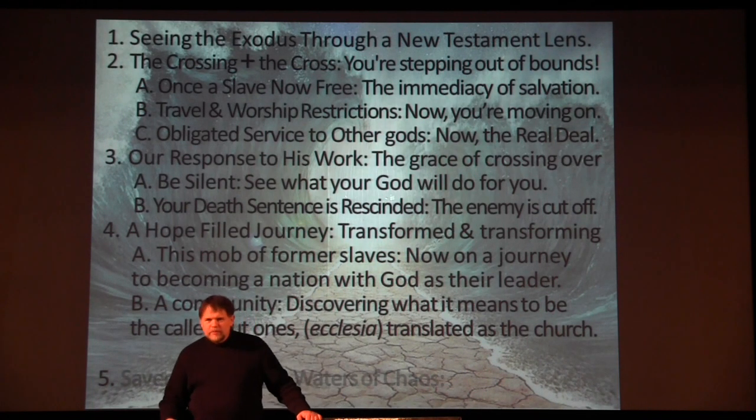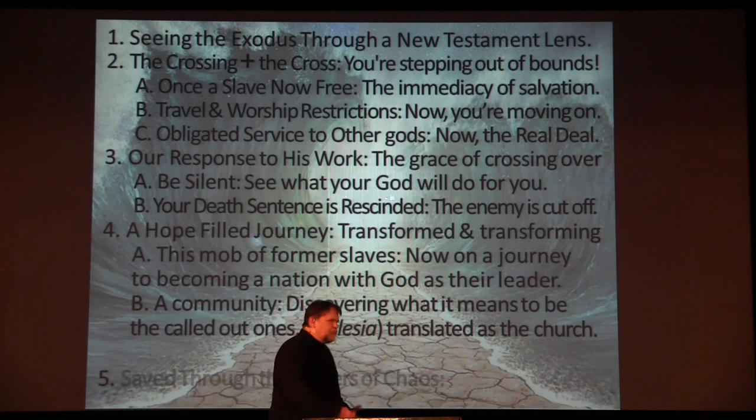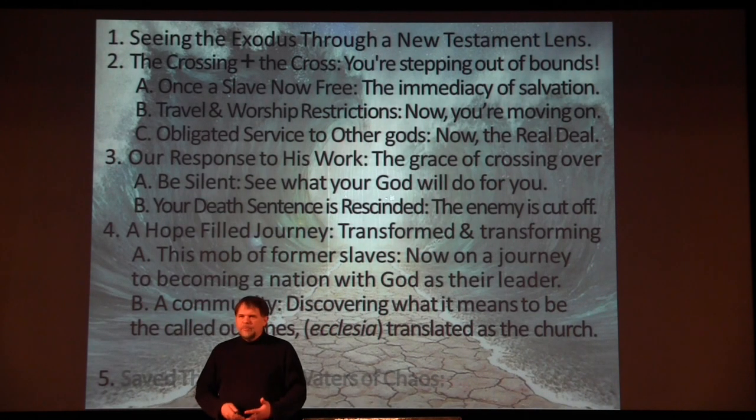They were called out to be a community. Ecclesia, the church. The church is called to be a community of believers. We're called to be a community of believers.